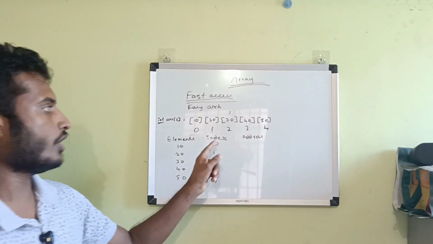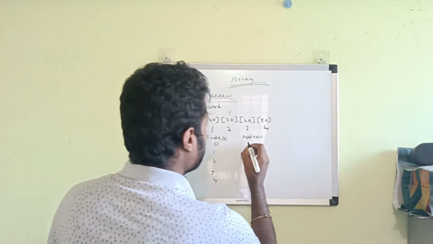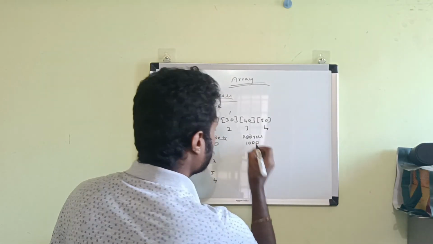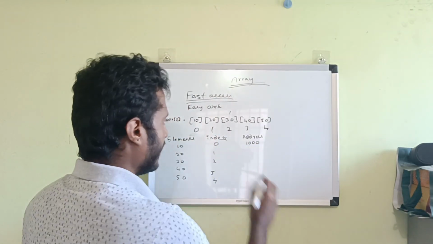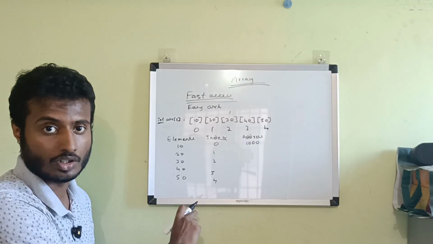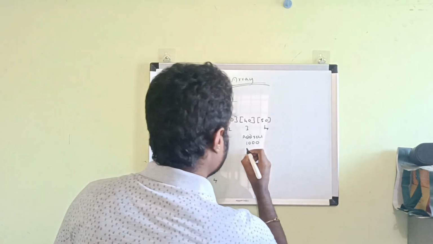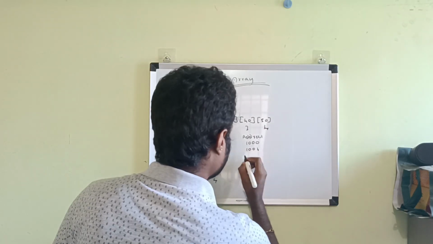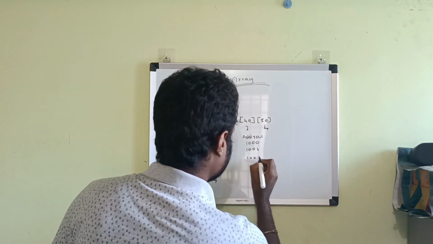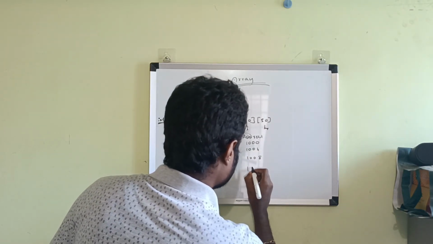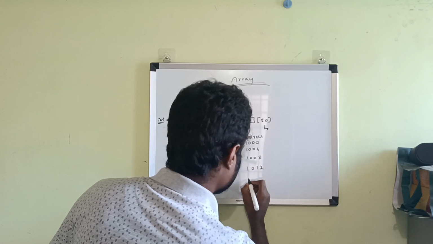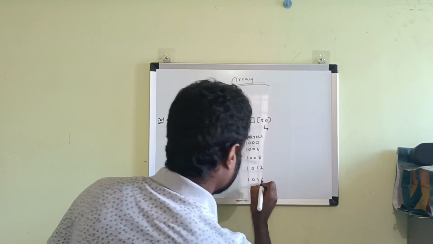This is the house number, this is the address. Imagine the address starts with 1000, and since it is an integer, we have a byte size of 4, so it becomes 1004, 1008, 1012, 1016.